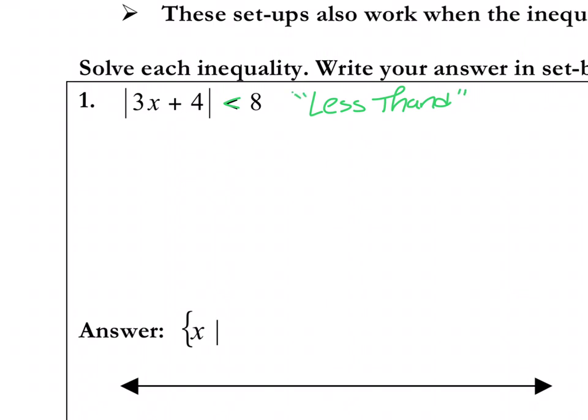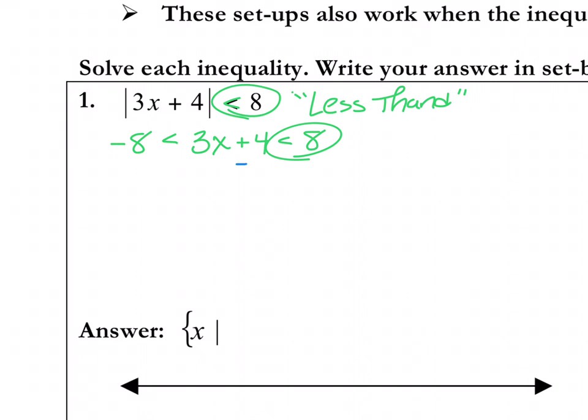And statements means when you take away the bars, you replace it with one side is less than 8, it matches. The other side, we're going to throw in a -8 there. So the less than ones are always, the absolute value part is stuck in between the negative and the positive of the number. Okay, and then we're just solving it like we talked about before.